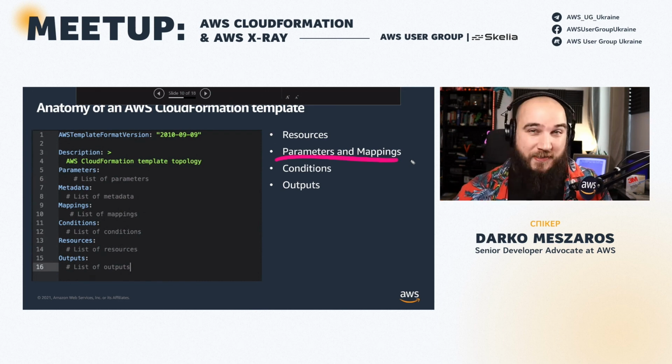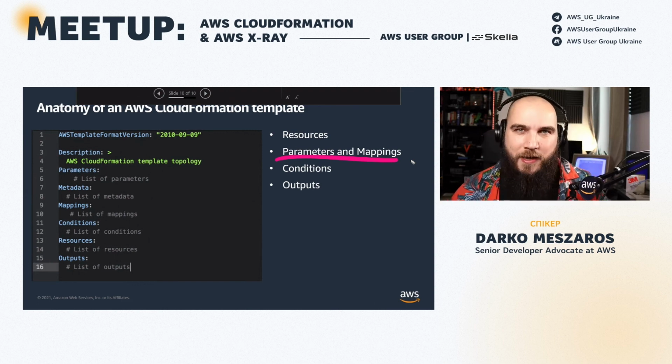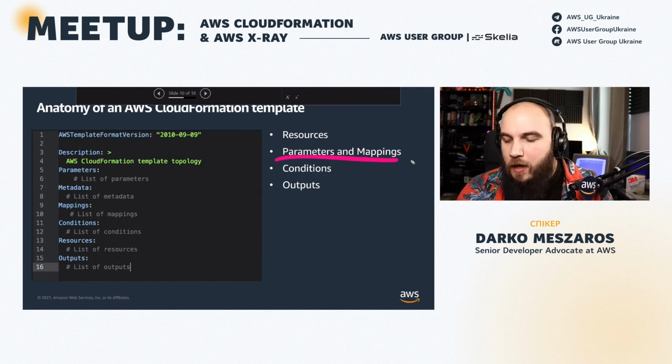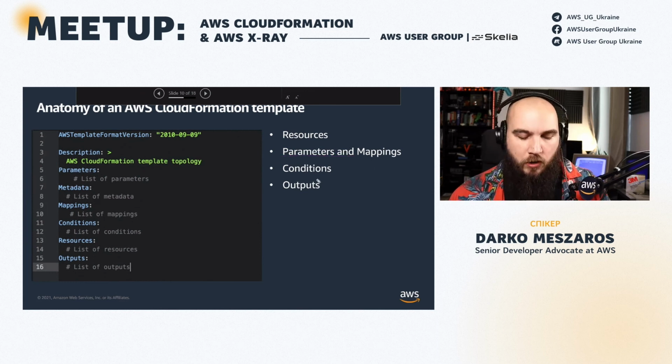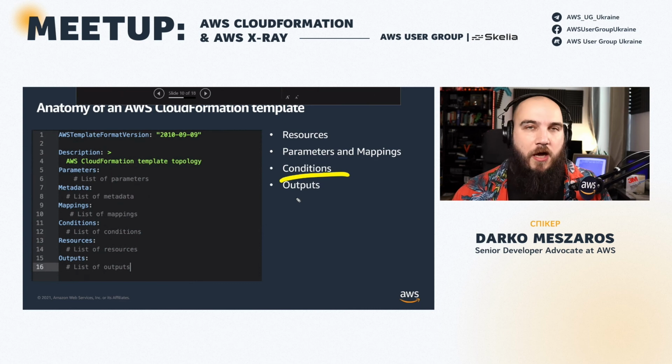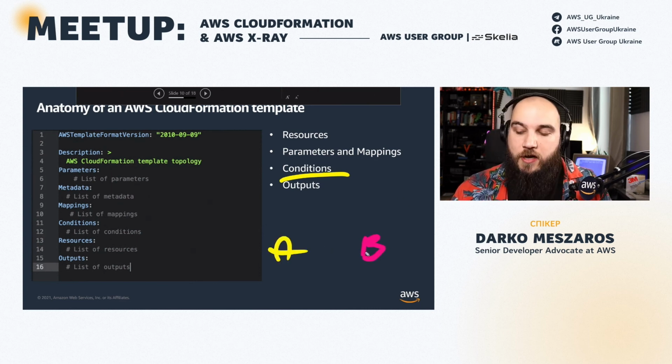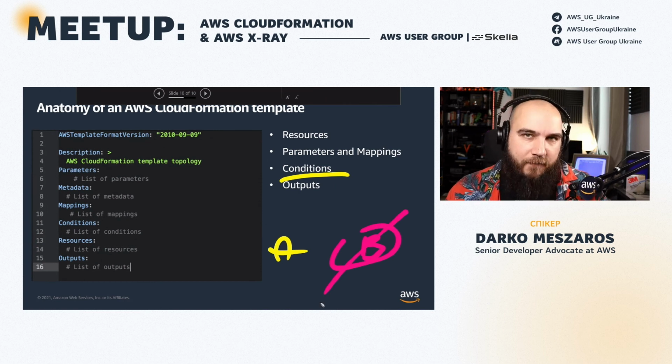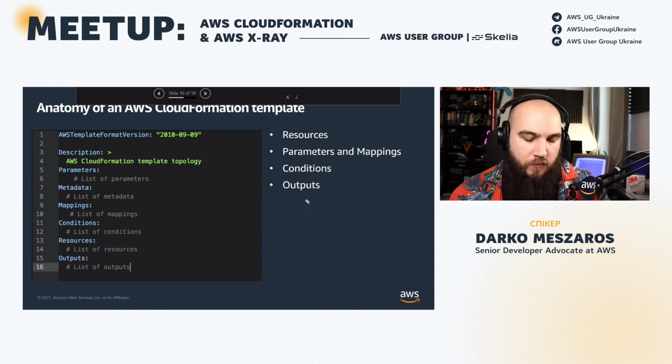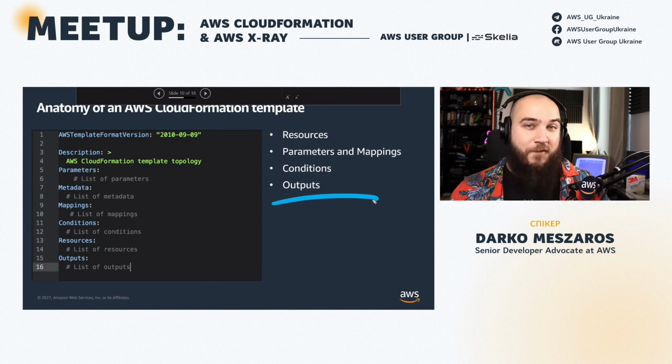So, for example, instead of having hard-coded instance sizes or hard-coded user keys or whatnot, you can just use parameters to make your templates a bit more agnostic. And you can do some even more logical things like conditions, where you say, hey, if instance A is being created, do not create instance B, right? So those kind of things. And outputs are just your fancy way of saying, hey, once you have finished my template, please let me know what the URL is, so I do not have to go dig through code, right?